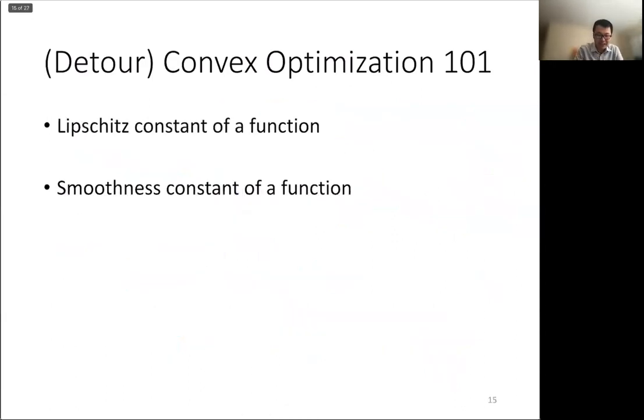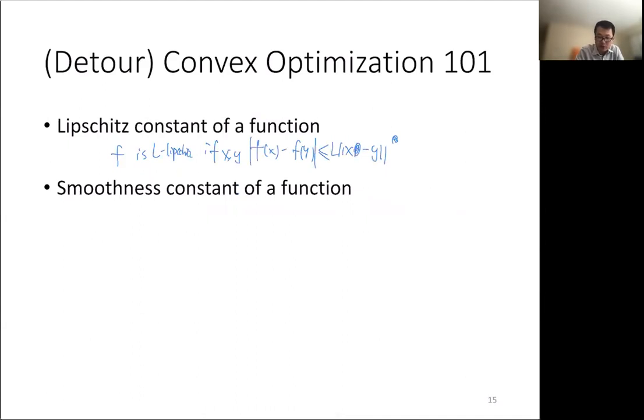Okay, we need to define a couple of additional properties of functions that are typically used in convex optimization. We've already seen the Lipschitz constant of a function. We say that f is L Lipschitz if for any x and y, the absolute value of f of x minus f of y is smaller than the norm of x minus y times L, and this L is called the Lipschitz constant.